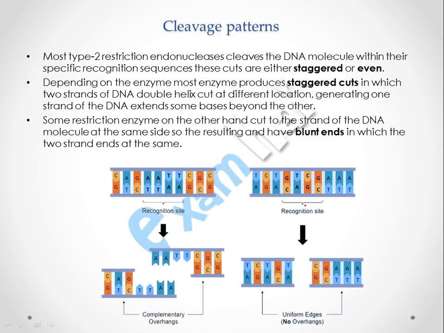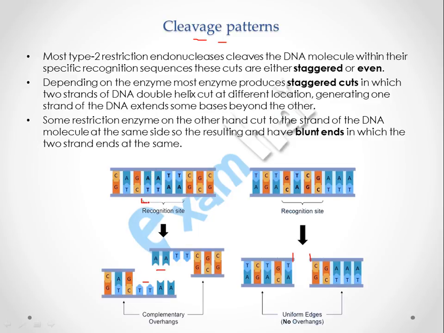So what type of cleavage pattern do these endonucleases make? There are two types of cleavage pattern. First is staggered or uneven, and the other one is a blunt end. The restriction enzymes make a cut in between the DNA molecule.